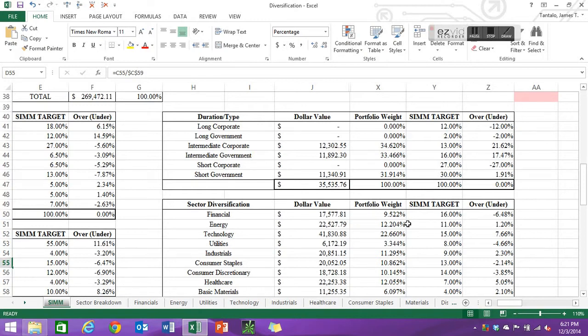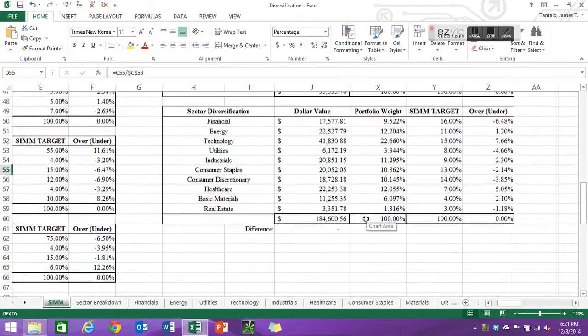And our long-term bonds are usually over 10 years, I think. So we are not currently invested in any long fixed income securities. We have the majority of it in intermediate and 31%, 32% in short.